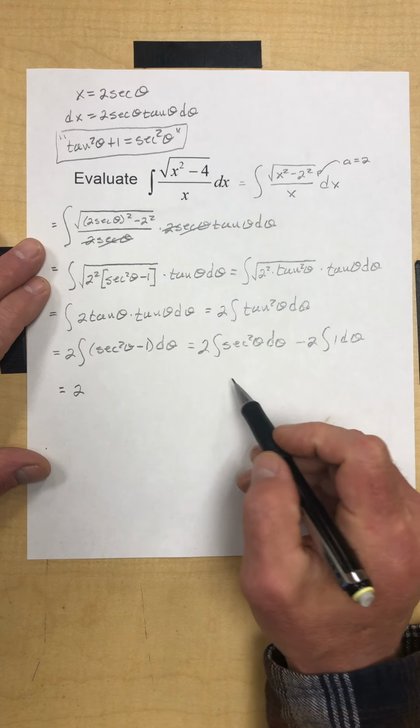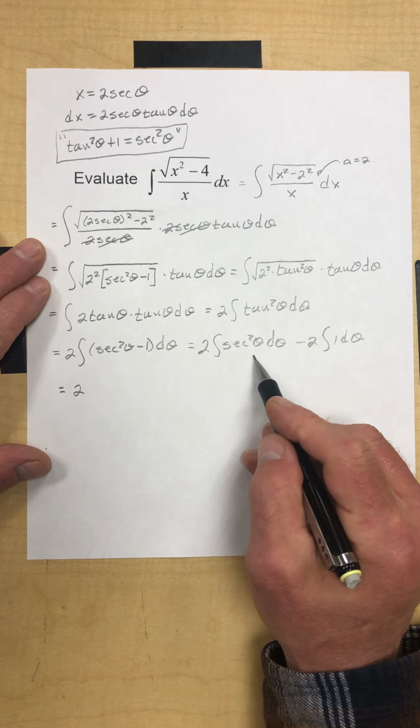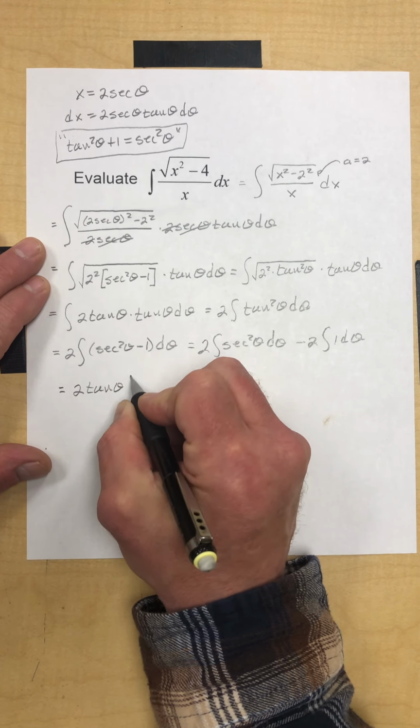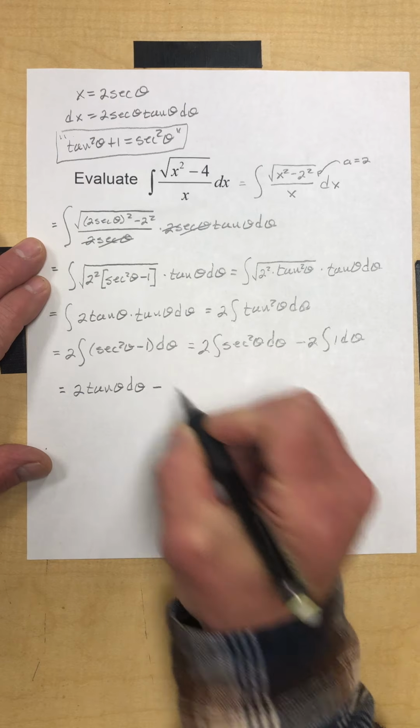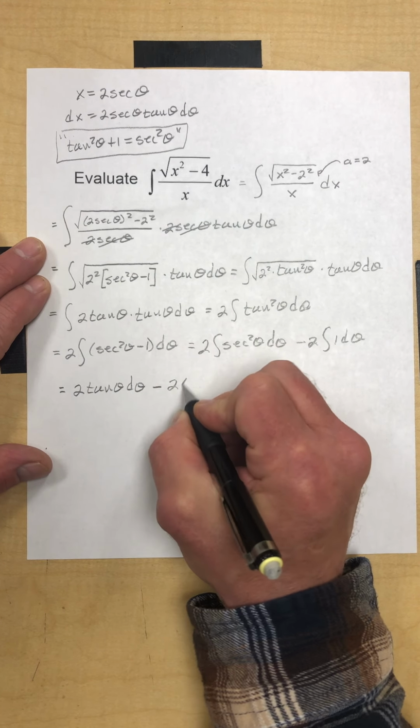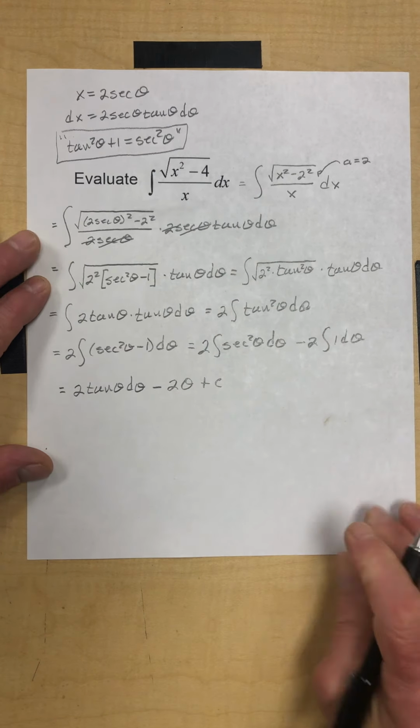So when I integrate secant squared, I get tangent. So that's 2 tangent of theta minus, when I integrate 1 d theta, I just get theta, so I get 2 theta plus c.